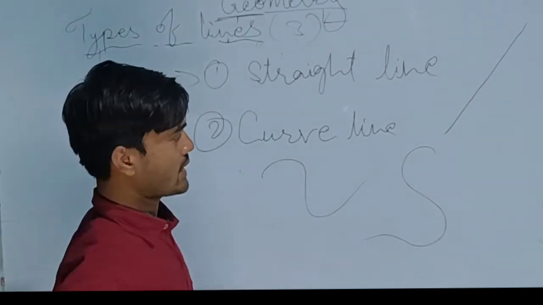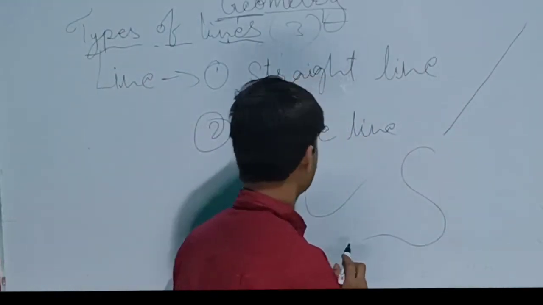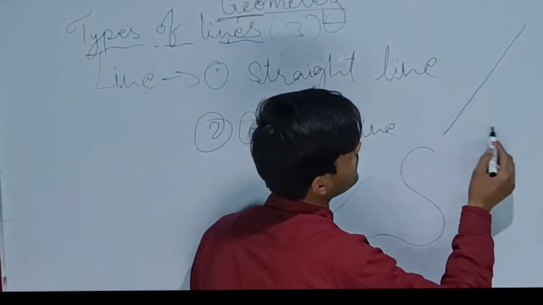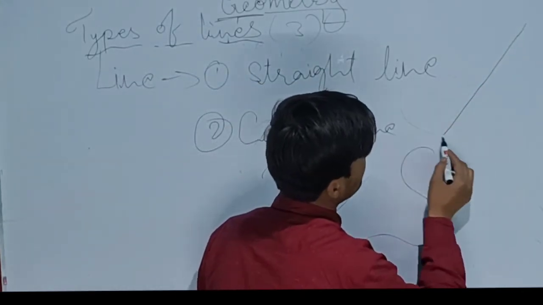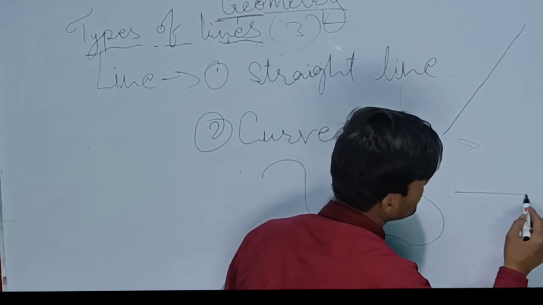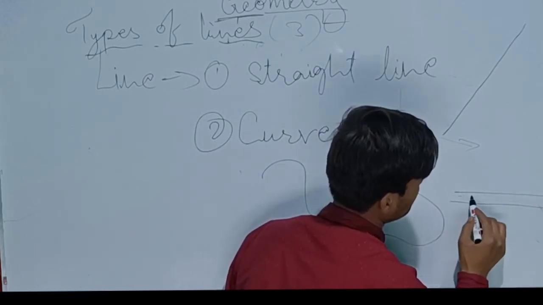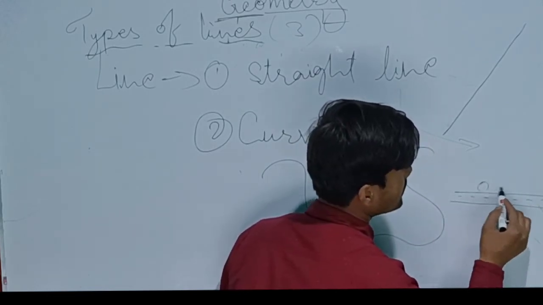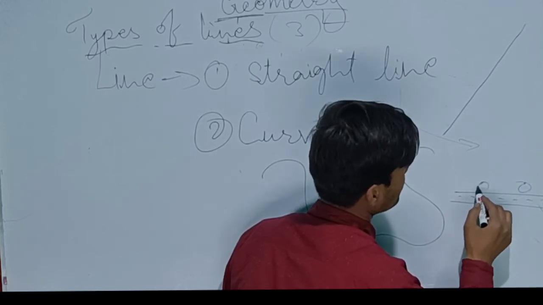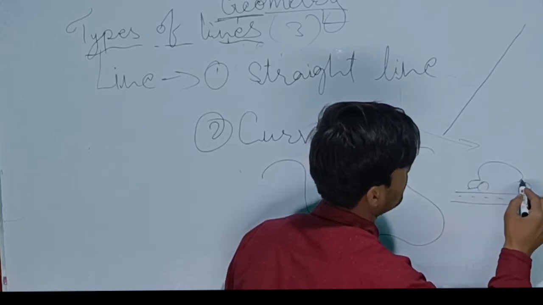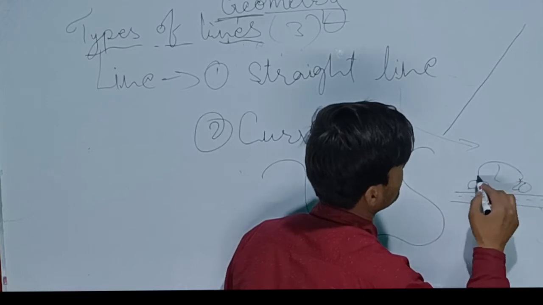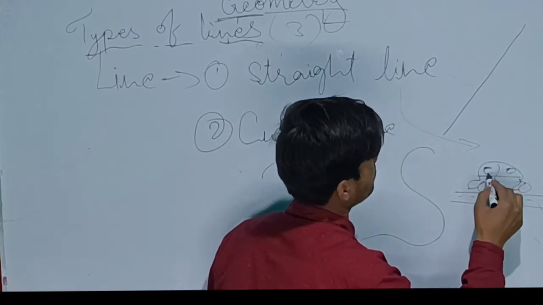Now taking an example of a straight line, suppose this is a road and this is a vehicle.